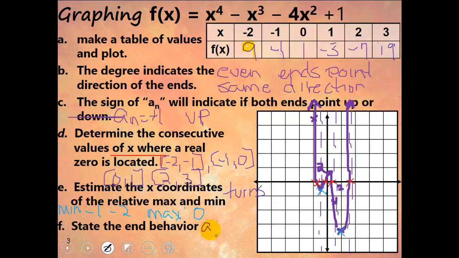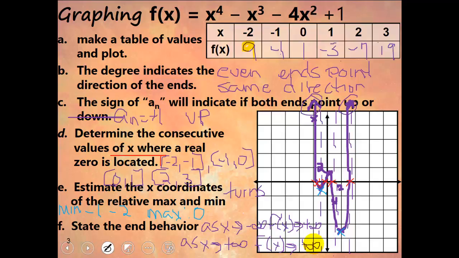So as x, this is at the arrows, remember? As x goes to -infinity, f of x is going to +infinity, and as x goes to +infinity, f of x is going to +infinity.